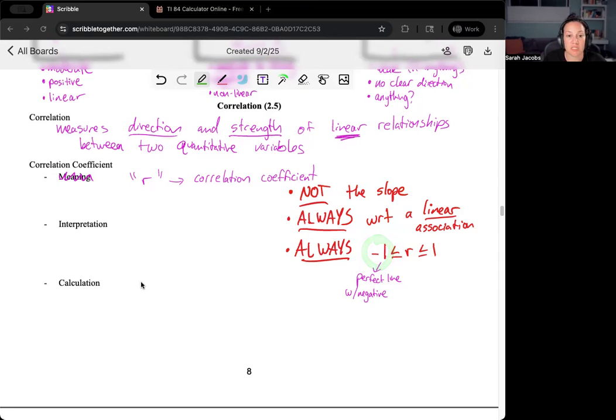It could be a perfect slope of -10. Could be a perfect slope of -1.3. It's just negative and it's perfect. Conversely, if it's a +1, this is a perfect line with a positive slope.